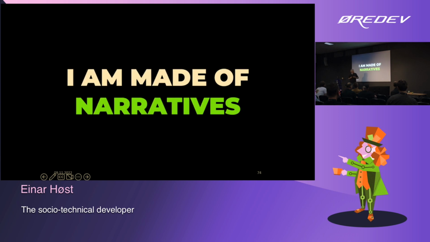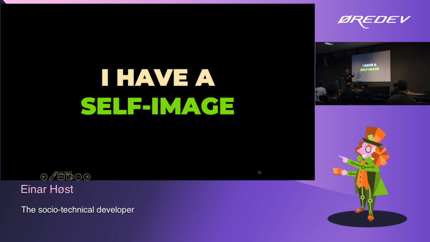And lastly, what I want to mention is that I am made up of narratives. What I mean by that is that I have this massive web of stories about myself that explain who I am, what's important in life, how the world works, and so on and so forth. And these stories make up my self-image and my identity.